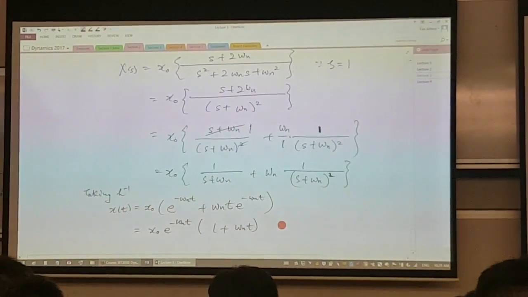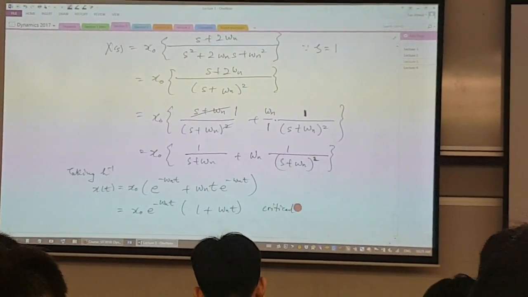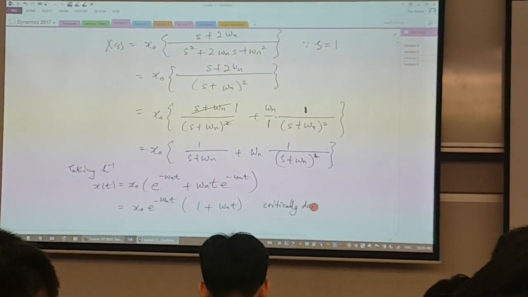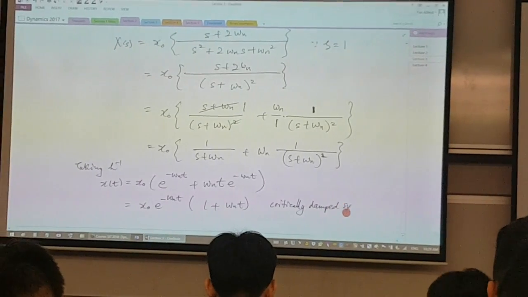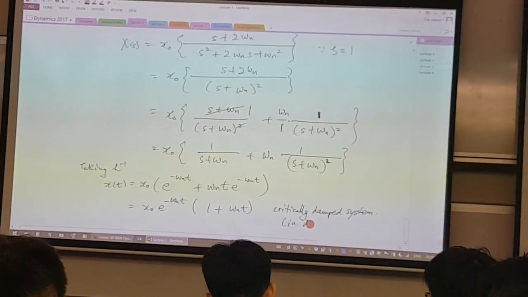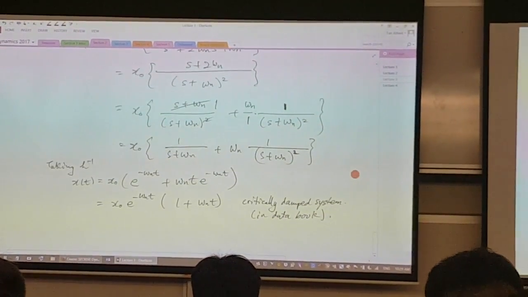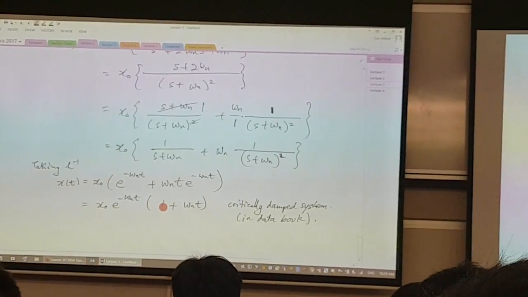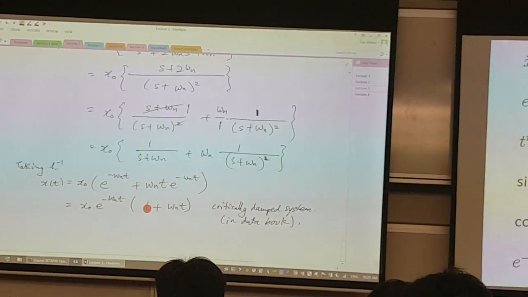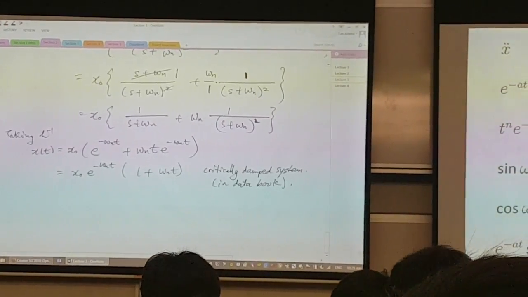So again, this is your critically damped system, and is in your data book as well. So you don't have to memorize this one. So if I were to sketch this, how is it going to look like?